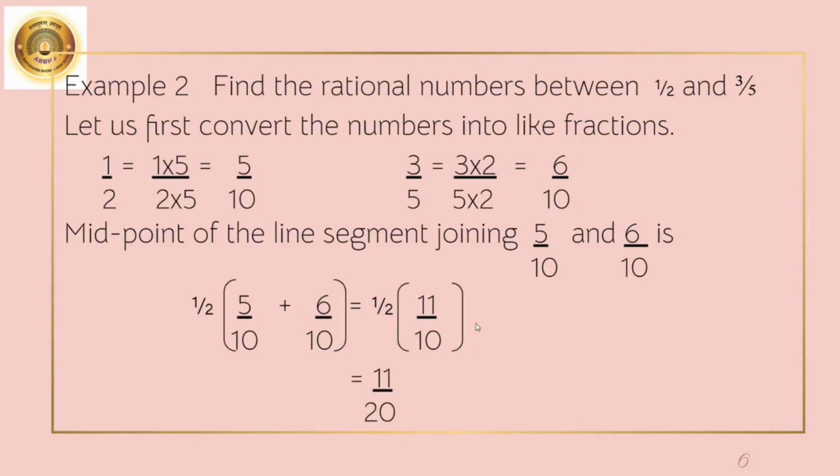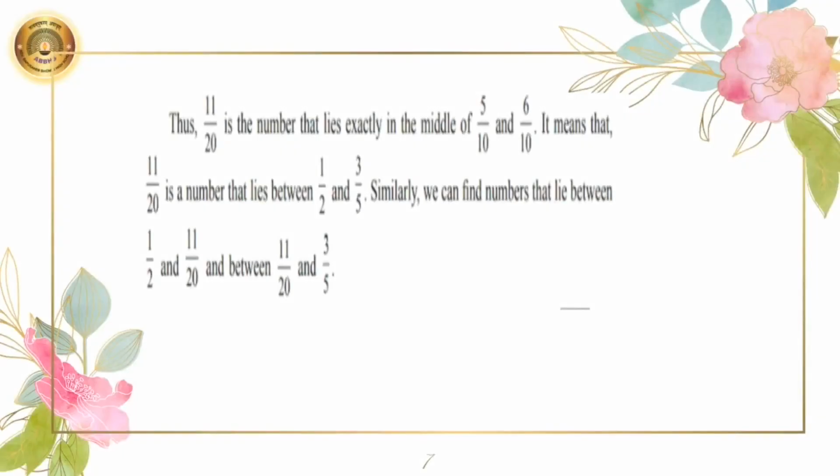That's equal to 11/20. Now 11/20 is a number that lies exactly in the middle of 5/10 and 6/10. That means 11 upon 20 is a number that lies between 1 upon 2 and 3 upon 5.